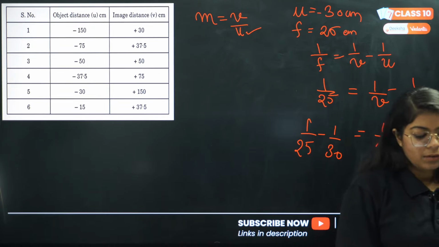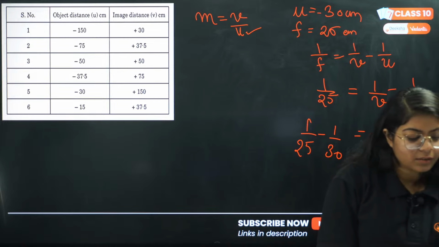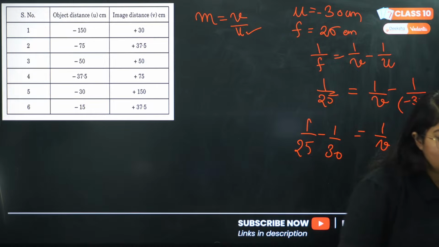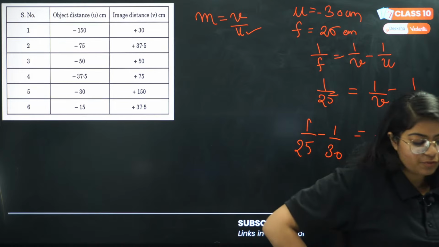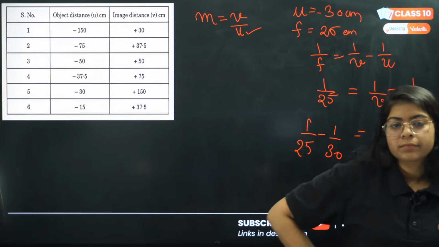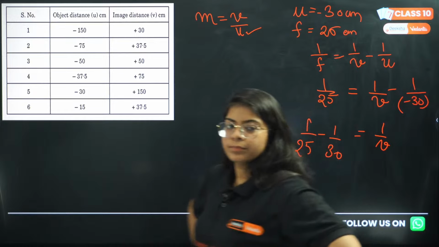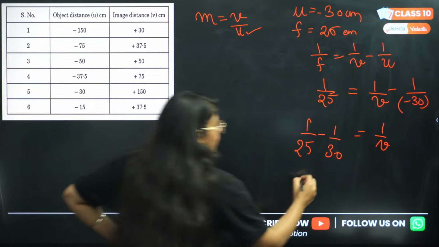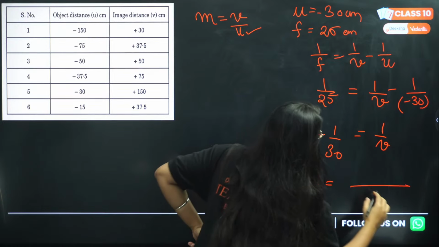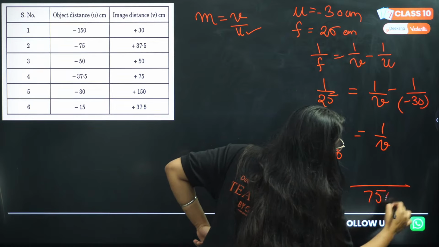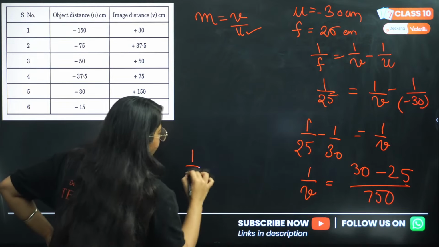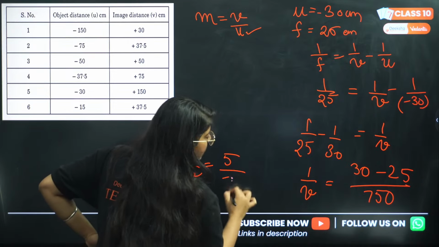Can I trust you guys again to do the calculation of this? You will just get v and then you'll put it in the magnification formula and you will get your answer. Correct? Okay. 1 by v will be 30 minus 25 over 750, so 1 by v will be 5 by 750.